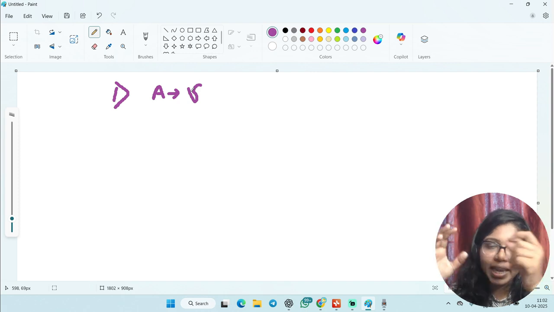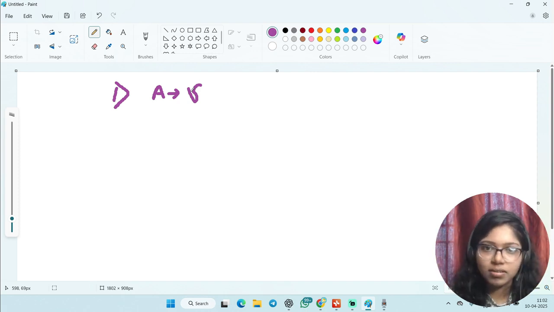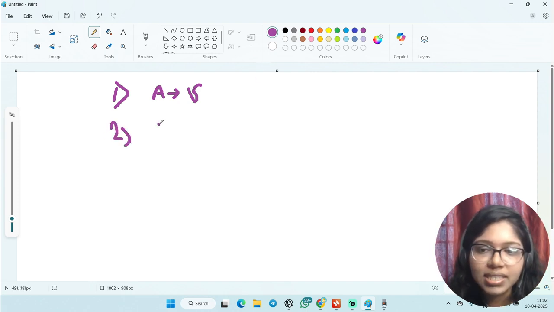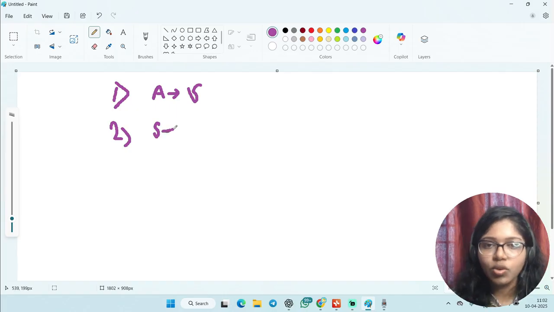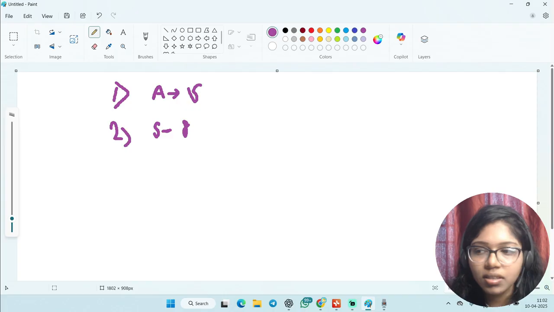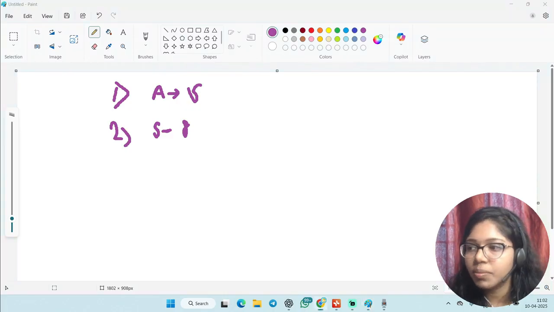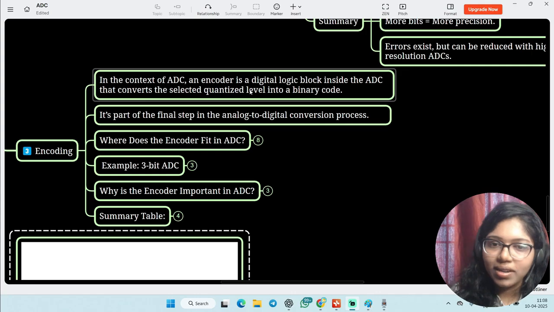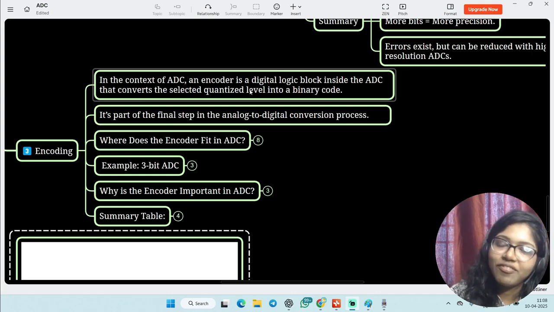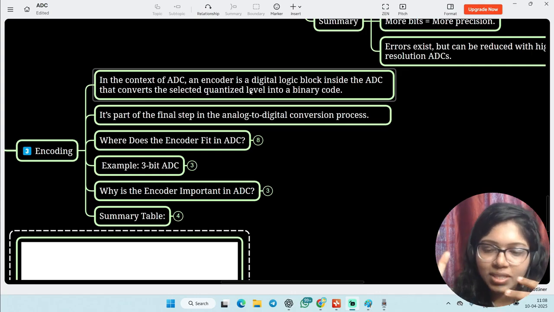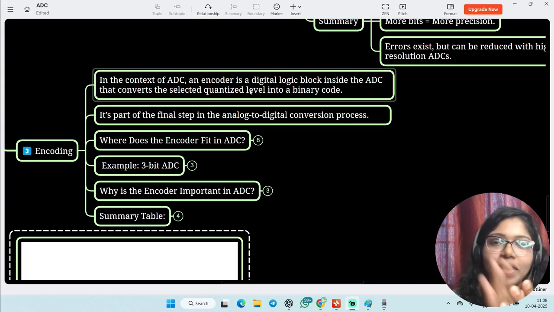Per second, how much data is split or sampled. Then that sampled data is rounded off, and this is what the encoder does. It is the final procedure of this step: sampling, quantization, and encoder.